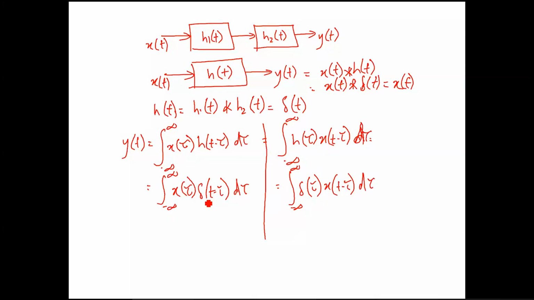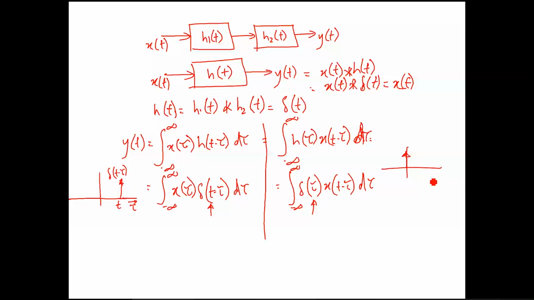Now this is an integration, and inside the integration we are having an impulse. Now what is an impulse? This is t minus tau, so it is shifted on the tau axis by t. This is the tau axis and this is shifted by t. This is your delta t minus tau. And this is delta tau on the tau axis, it is just this.